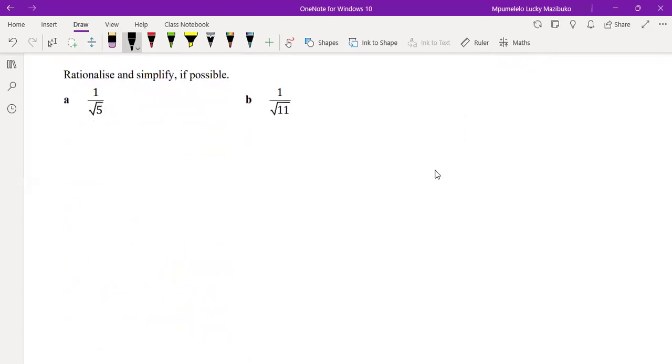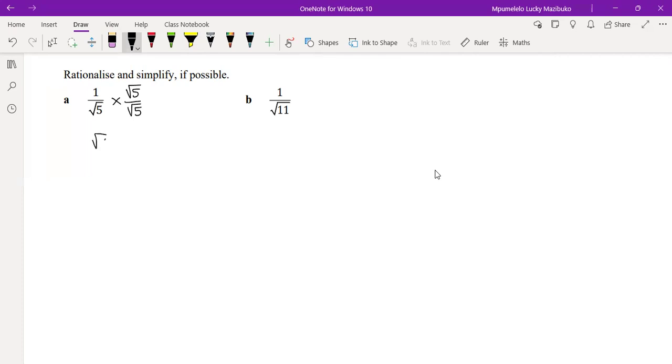So if you want to rationalize, here's a good example. Let's say you want to rationalize 1 over square root 5. Using the tips that I gave you at the top, you can pause the video and see if you'll get the same answer as I will. So 1 over square root 5. What I'm going to do is rationalize it by multiplying by root 5 over root 5, which is just multiplying by 1.